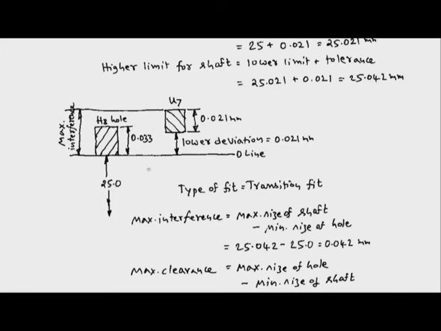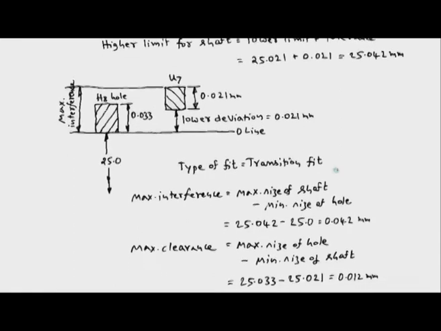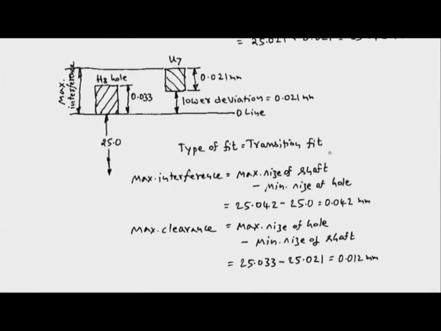And then since there is overlapping of the tolerance zone for the U shaft with the tolerance zone for the H8 hole, we have a transition fit. Now the maximum interference we can get by adding the lower deviation, that is 0.021 mm, with the tolerance value for the shaft.